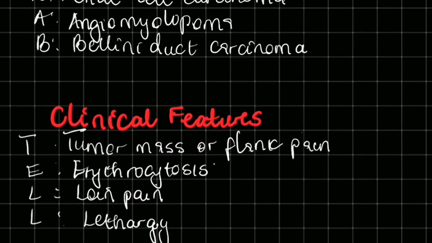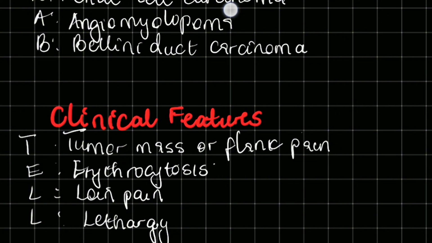So RCC is from the renal parenchyma, urothelial is from the renal pelvis. The next one, RCC often presents with hematuria and flank mass, while urothelial carcinoma presents with painless hematuria.